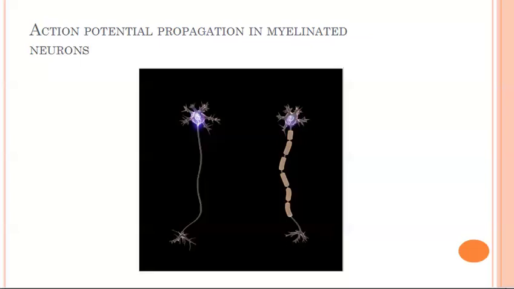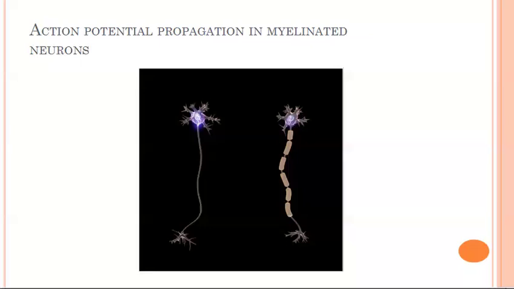In contrast, neurotransmitters that open Cl negative or K plus channels cause an IPSP. And an example is the gamma-aminobutyric acid or GABA receptors, which are activated by GABA, the main inhibitory neurotransmitter in the brain.